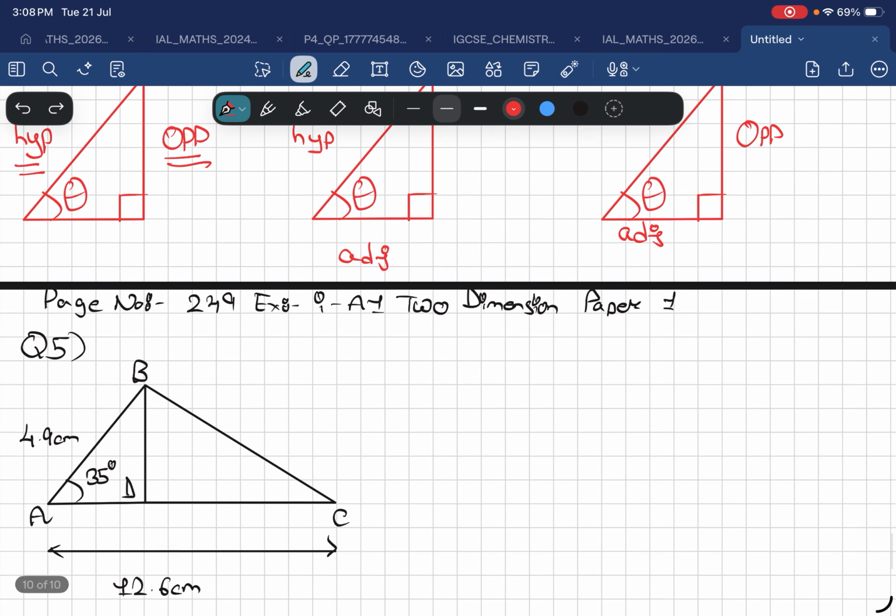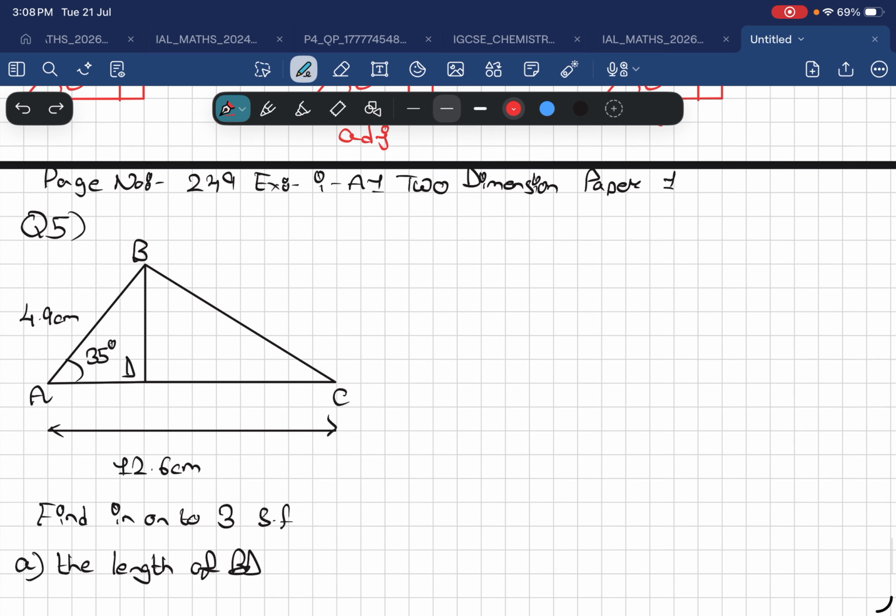Let's go back to our practice problem. In the question it is given that angle BDC is 90 degrees.